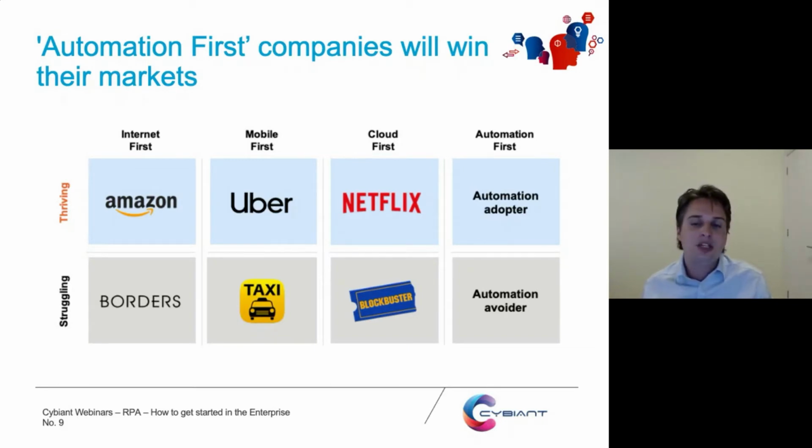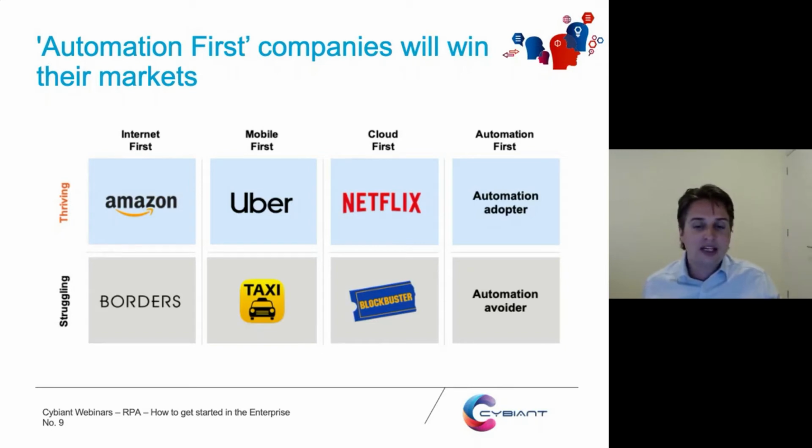And that's really what automation will bring. Therefore, I encourage every company to become an automation adopter instead of an automation avoider, because it will really provide you with some of the tools that are necessary in order to take the next steps and do things faster, smarter, and cheaper than any of your competitors.